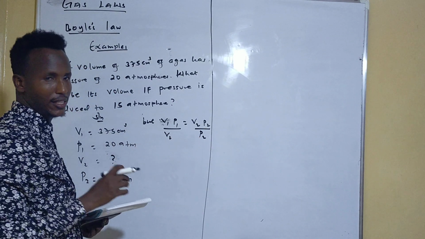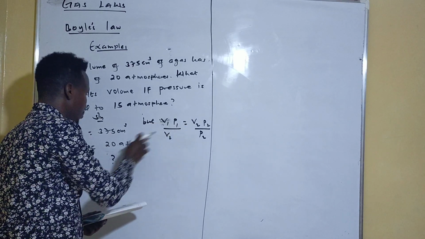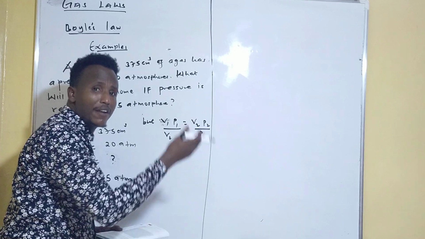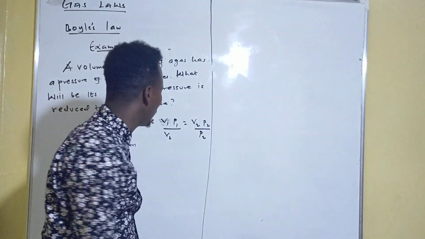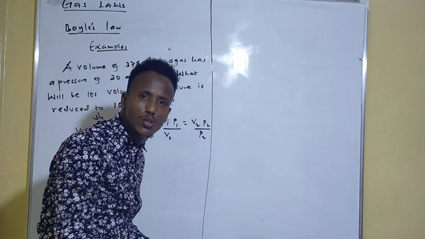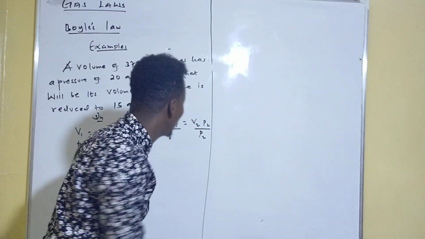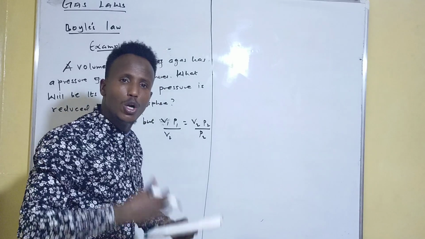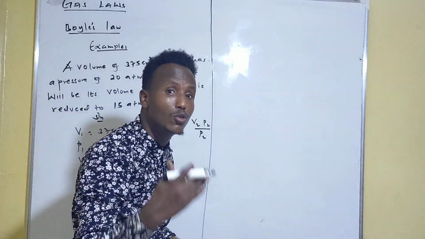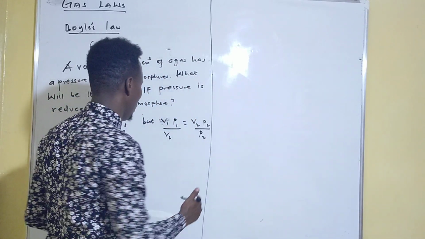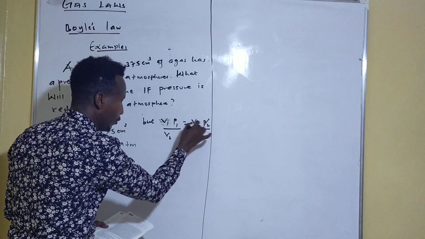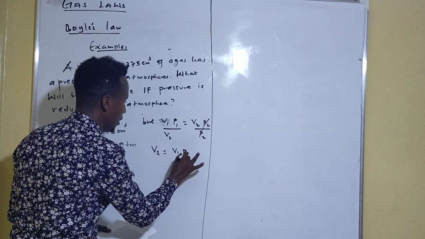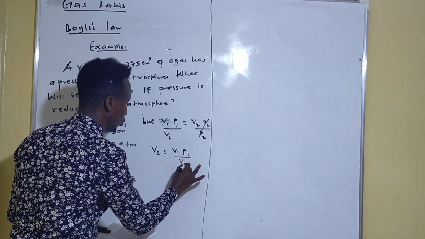I know your teachers will insert the respective values here. Please be a mathematician. We want to make V2 the subject of the formula. So what are we going to do? We eliminate the other quantity with V2 through division, because the relationship between these two is multiplication. So one of them can be eliminated through division. Cancel these two. So you are left with V2 is equal to V1 P1 all over P2.